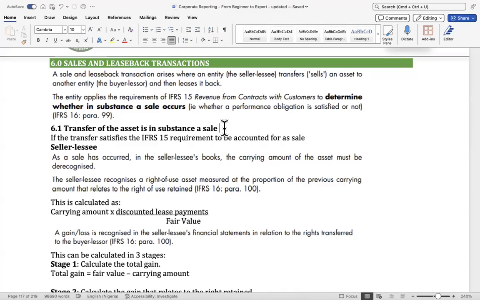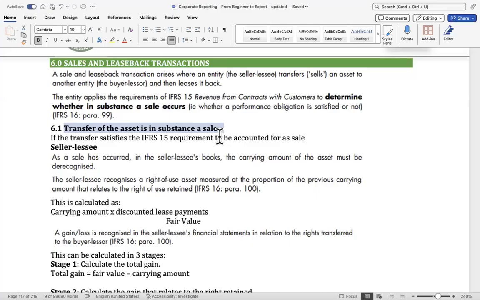So for simplicity, I'm going to look at two scenarios for this sales and leaseback. I'll look at a scenario where the transfer of the asset is in substance a sale. So when you say you sold, yes, we agree with you, you have actually sold.